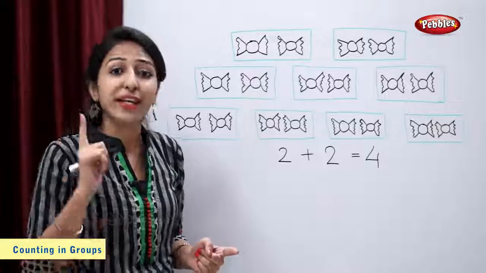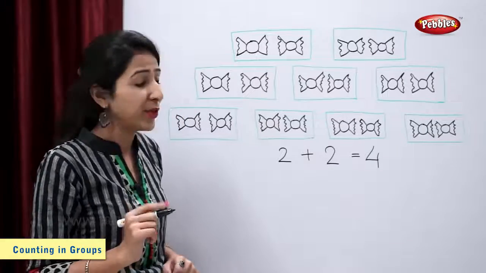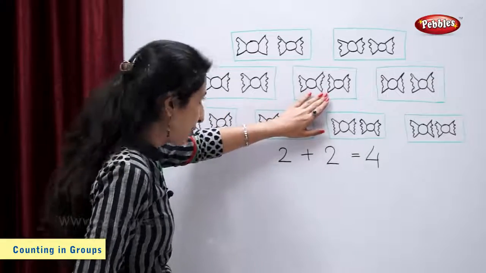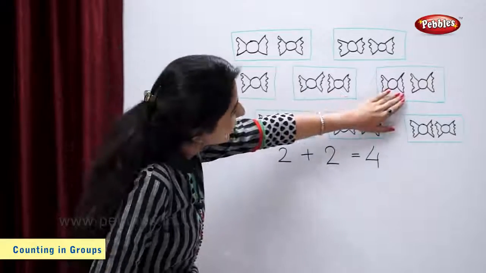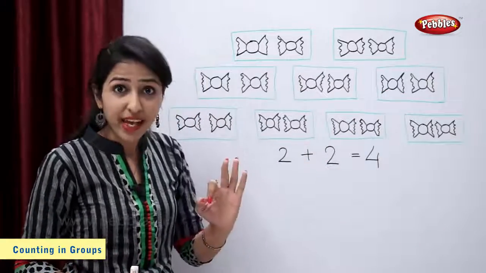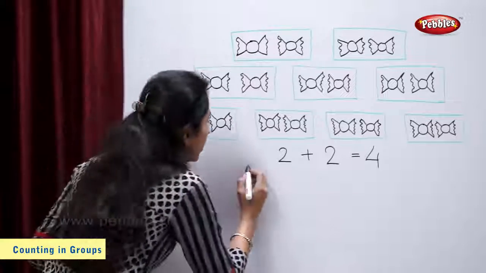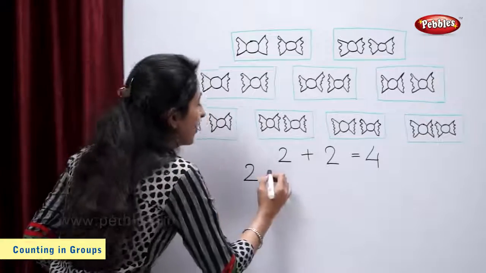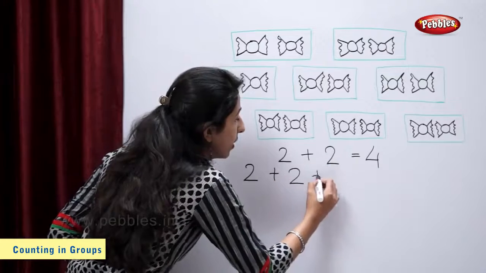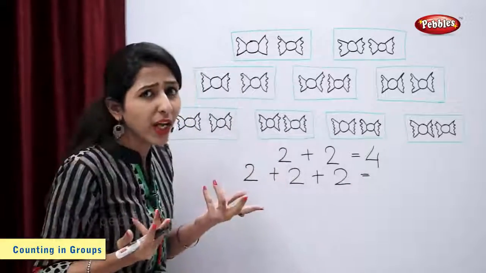Now let us count number of pairs in the second row. In the second row, there are 1, 2 and 3. 3 pairs in the second row. 3 pairs of 2 chocolates each. So, 2 plus 2 plus 2 is equal to how much?